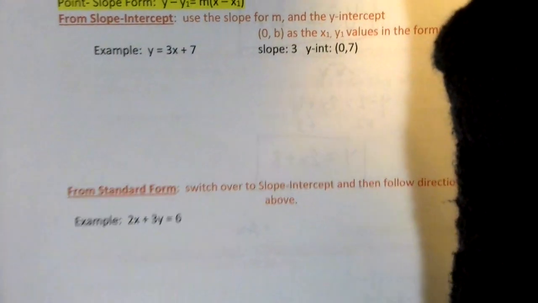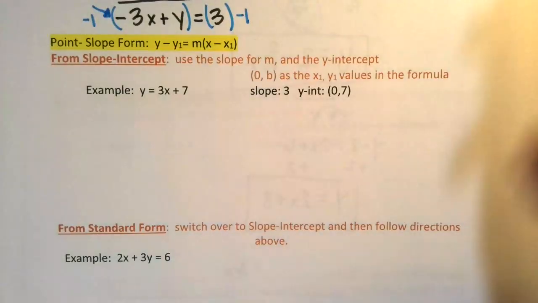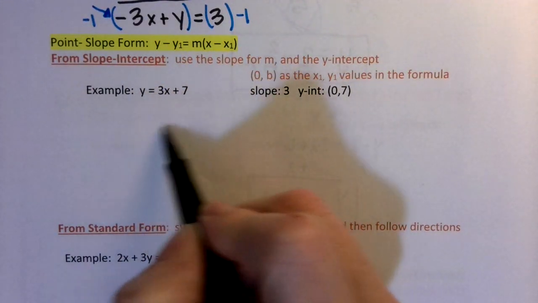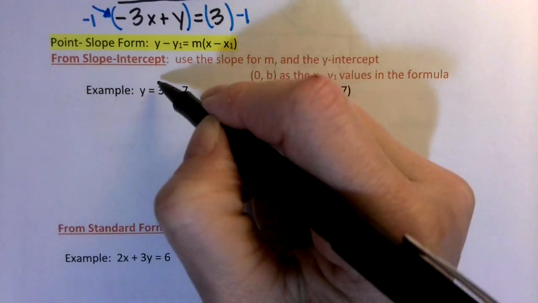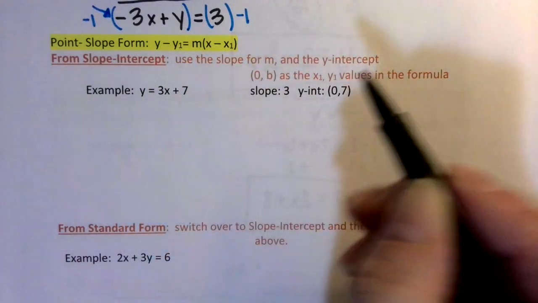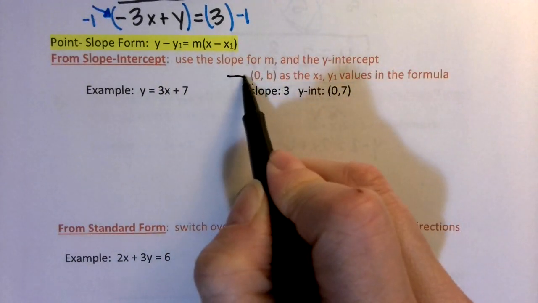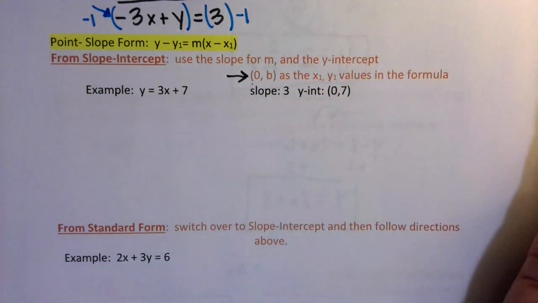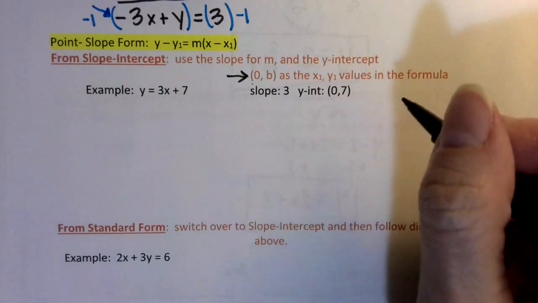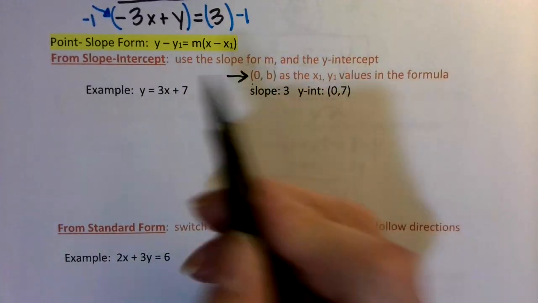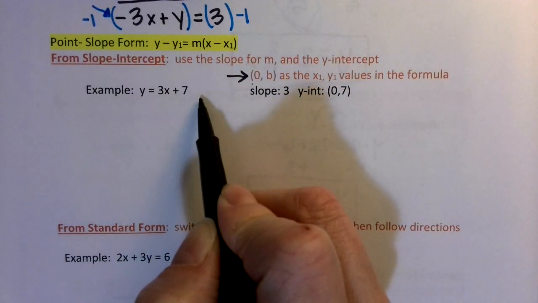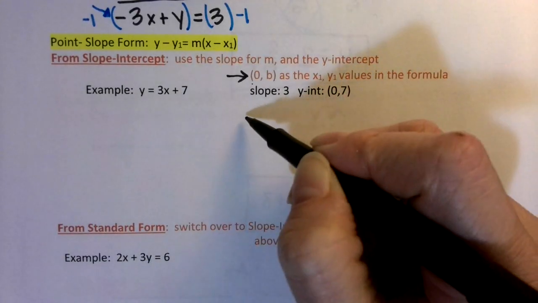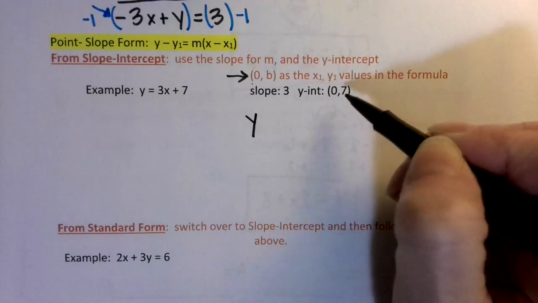All right, the next one is turning things into point slope. So if I have a slope-intercept equation, remember it tells me my rise and run, but it also tells me my y-intercept. It's telling me where this line crosses the y-axis. In fact, it's giving me a point then, and it's giving me a slope. And the information is just sitting there. So then all I need to do is take that point and put it into the form of the equation.